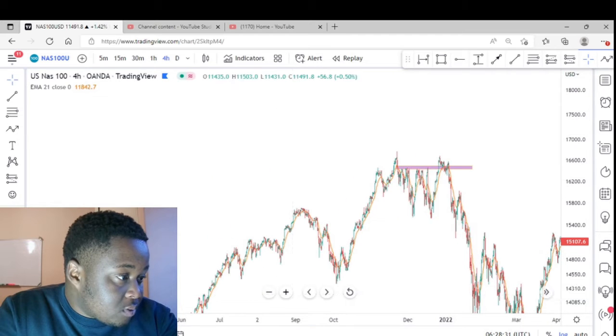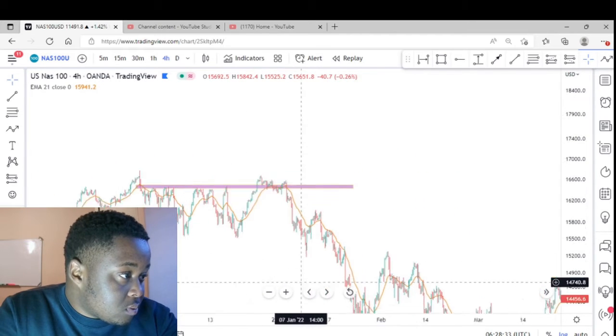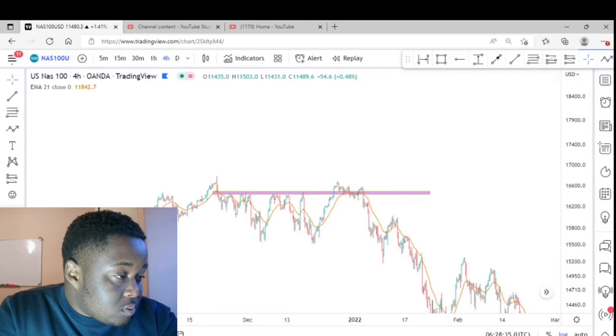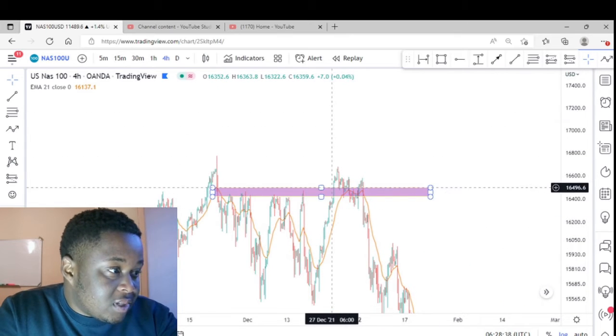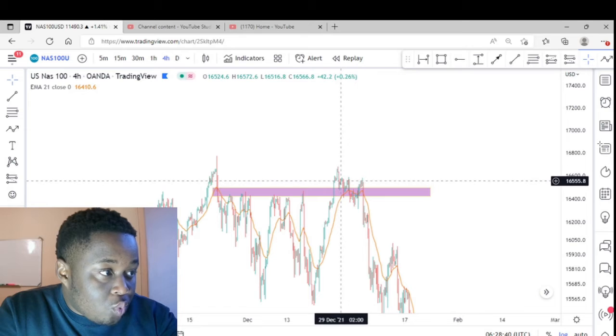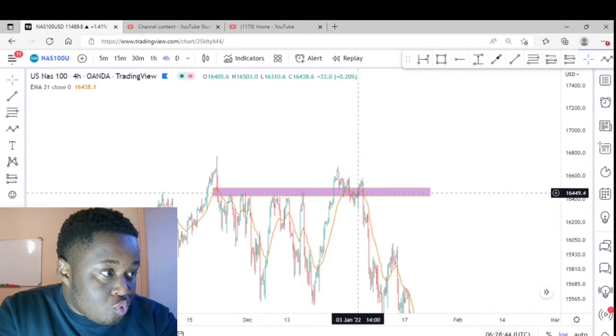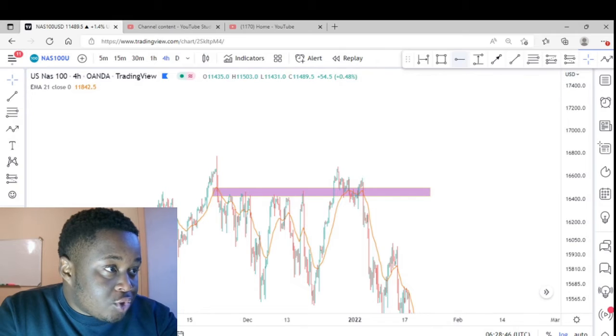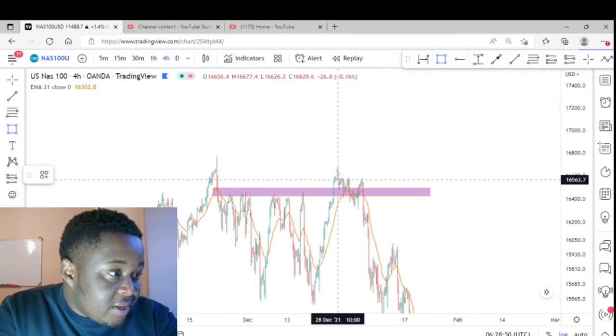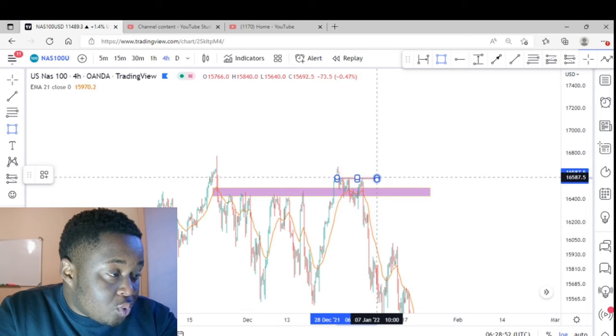Why am I zooming out? You see, it's a 1, right? Look, 1, 2, failure to break. Let me just put the triangle, failure to break this zone in the market.